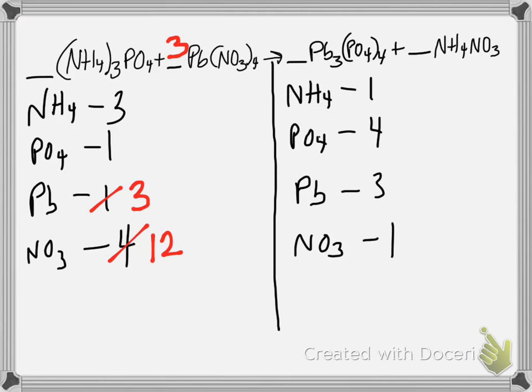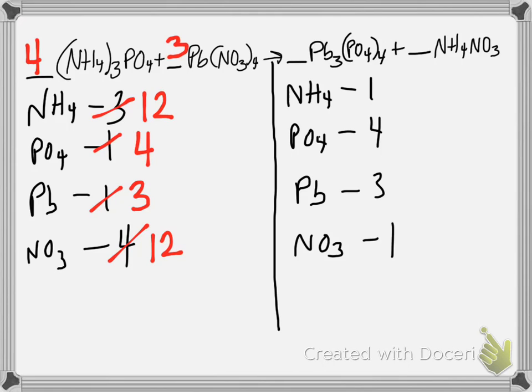And I know that at a bare minimum, I'm going to have to quadruple the number of phosphate ions over here. So if I do 4 there, now I have 12 nitrate ions, or 12 ammonium ions, and 4 of that. Interesting. Lead and phosphate are balanced.